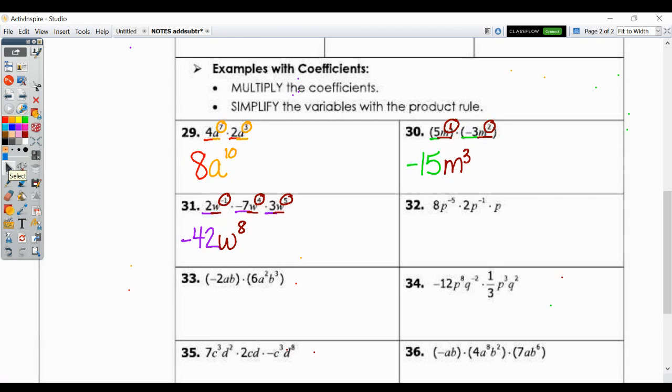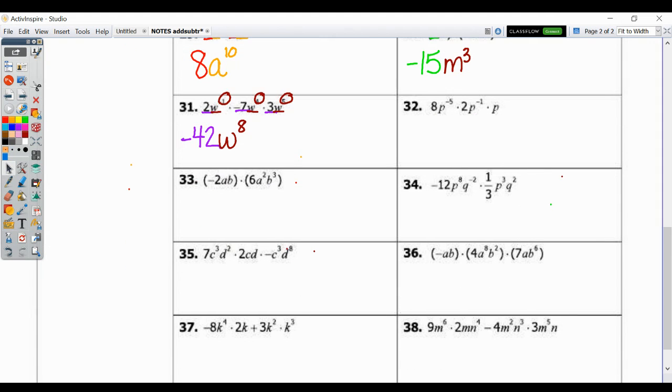Let's do number 33, and then we'll be finished. Okay, so I'm going to have negative 2 times 6 is negative 12. Those just behave like regular numbers. Okay, so now see I have two variables. So I'm going to deal with each variable at different times. So I'm going to do a to the first.